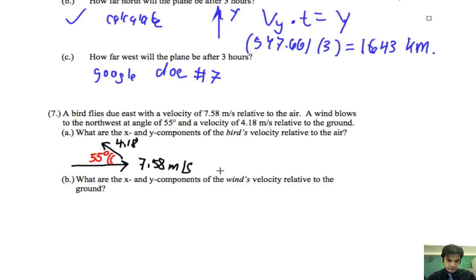What we want to know is what are the x and y components of the bird's velocity relative to the air. This is a very interesting question, and I'm not sure why it was given this way, because it seems to me that this is actually quite a complicated question. If I understand this right, we have to treat this as an axis and then go perpendicular to it and find the component of the vector in those directions, and that just doesn't make any sense to me.